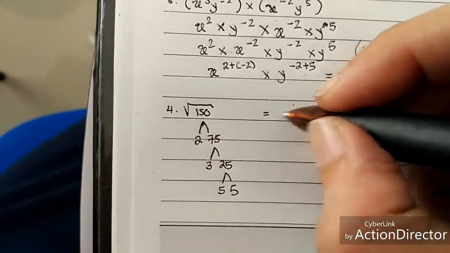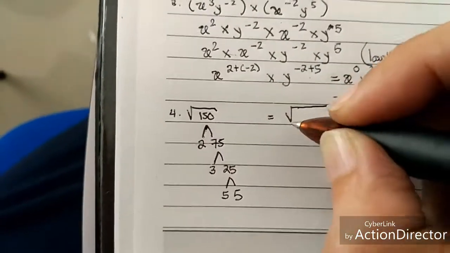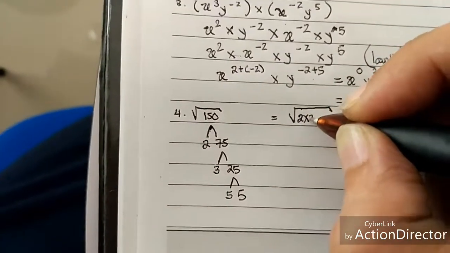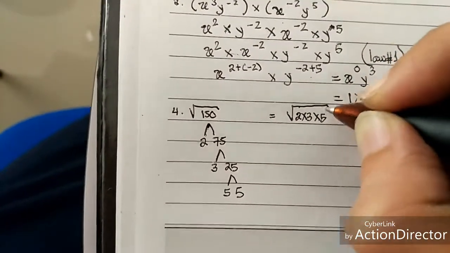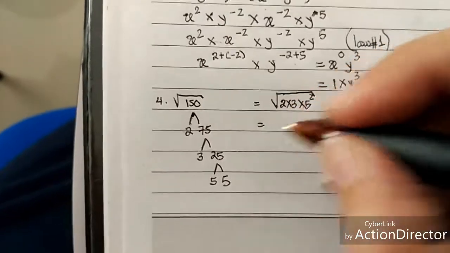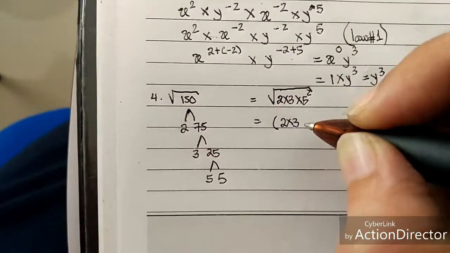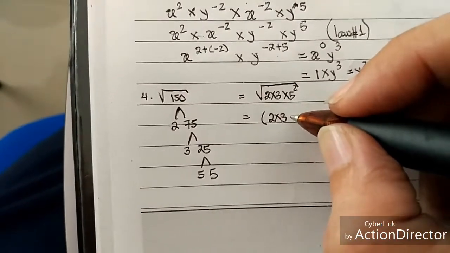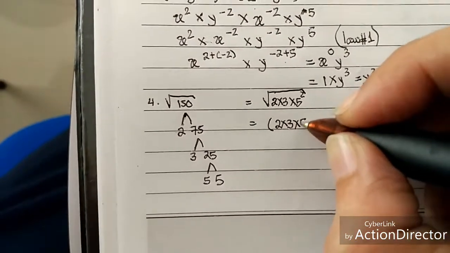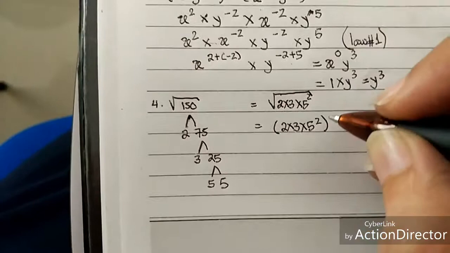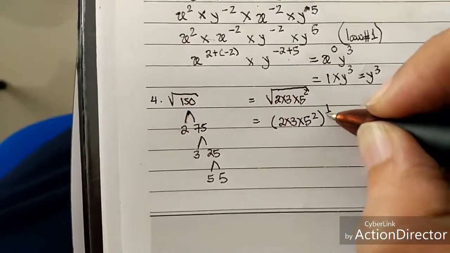So actually this one is equivalent to 2 times 3 times 5 to the power of 2, which is equivalent to 2 times 3 times 5 to the power of 2 in bracket and then powered by half.